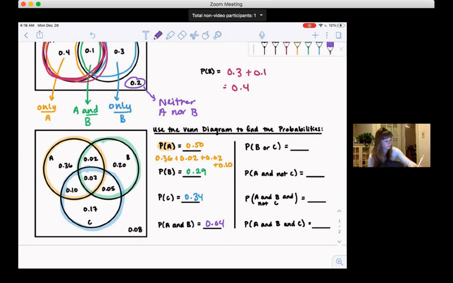That looks to me like 0.56. I hope I'm doing the arithmetic right. Let me just check that. Okay, yep, 0.56. I added up all of these sections because those are all sections where either B or C is happening. They don't have to both happen, it just has to be one of them.